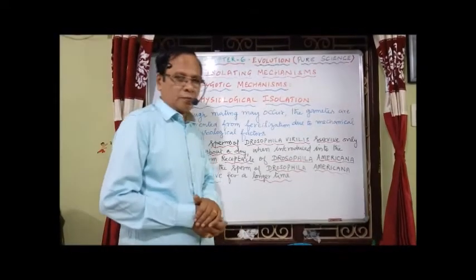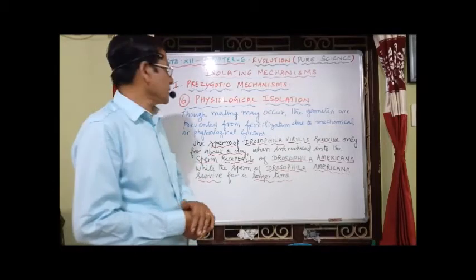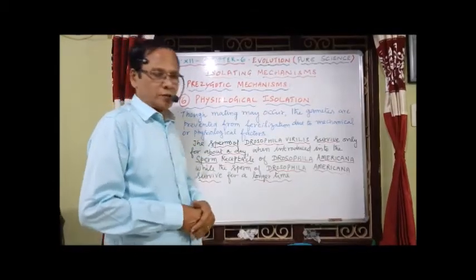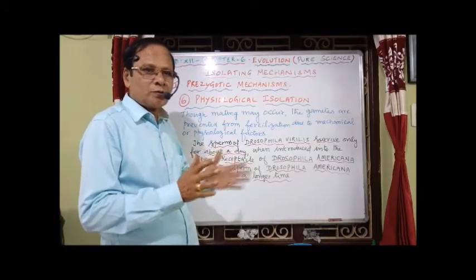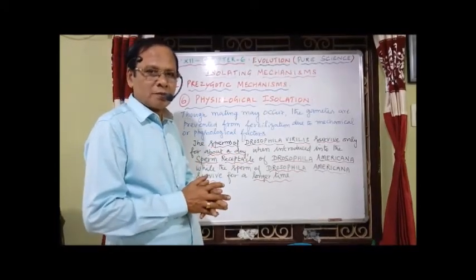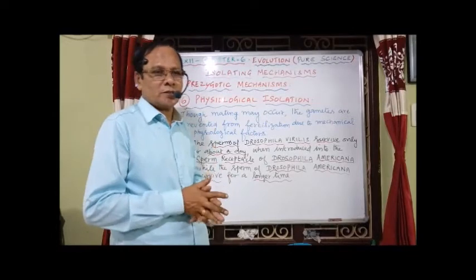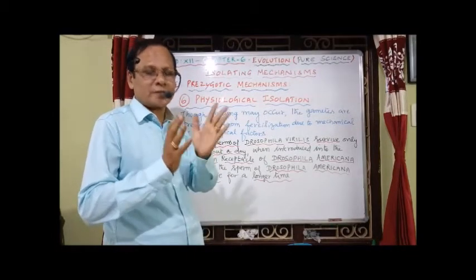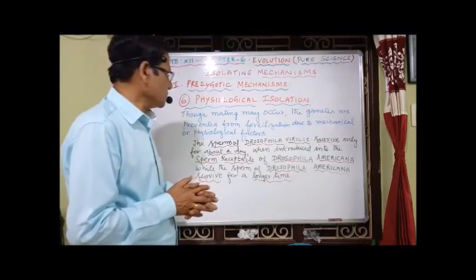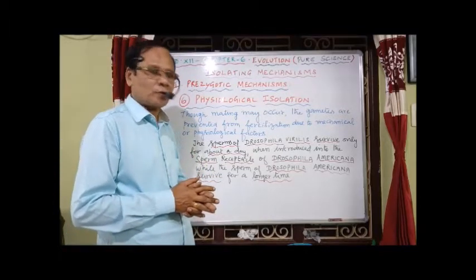Now the sixth prezygotic isolating mechanism, physiological isolation. In this case, mating occurs between two different species, but fertilization is prevented because of certain mechanical or physiological factors. For example, two species of Drosophila, the fruit fly.